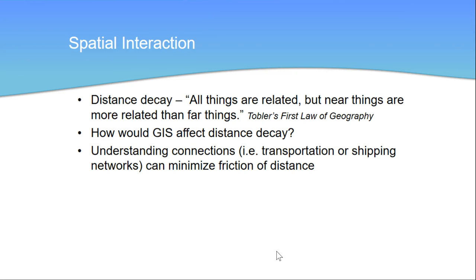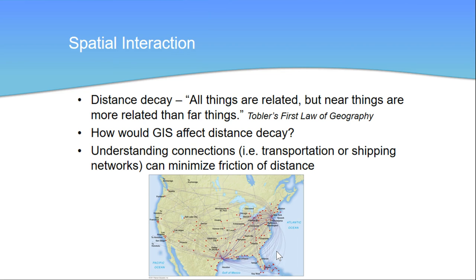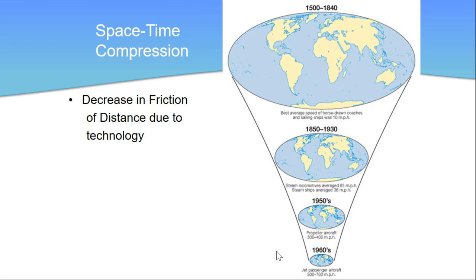And that is called the friction of distance. And the more accessible you can make something that is farther, the more accessible it is, right? And that is called space-time compression. And when people say it's a smaller world than it's ever been before, that is because we've been able to decrease the friction of distance due to technology, which is something we'll talk about later on when we talk about globalization.